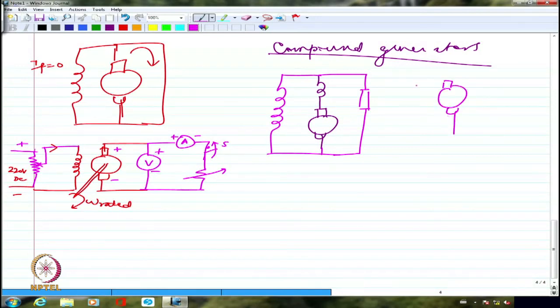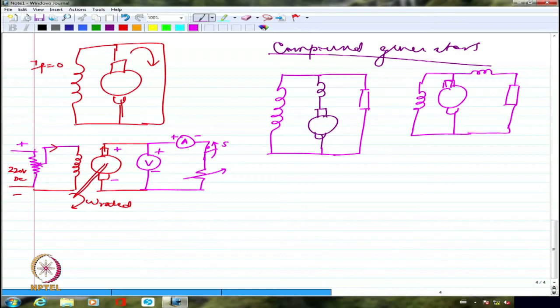So I'm going to have only across the armature this connected, and then I'm going to have the series field along with the load as well. Please note, in short shunt, I'm not going to have any series field current at all if the load is open.